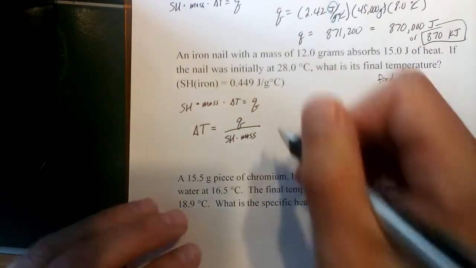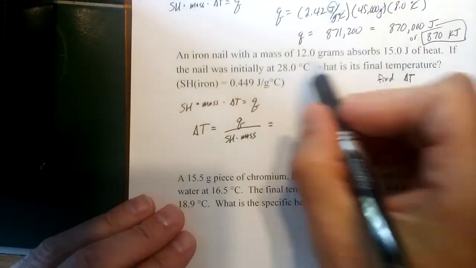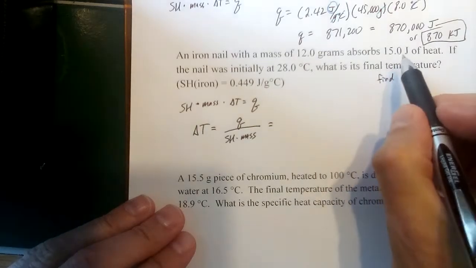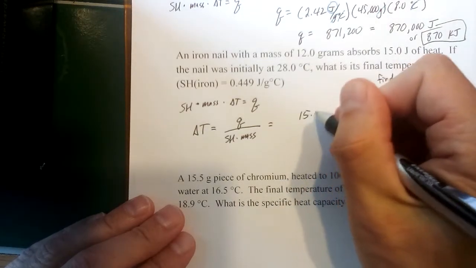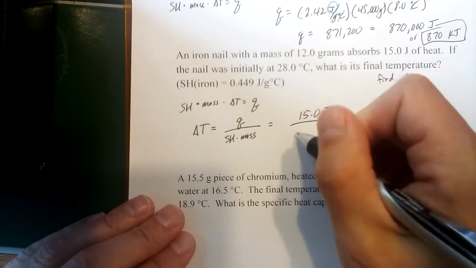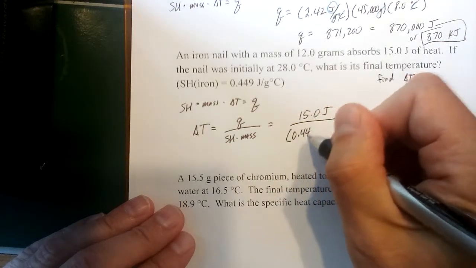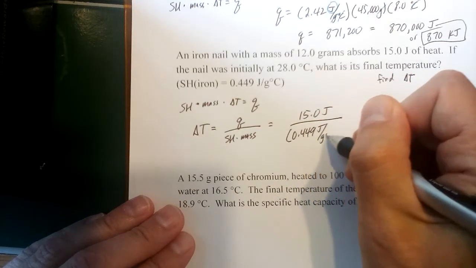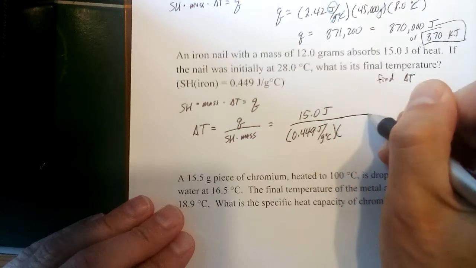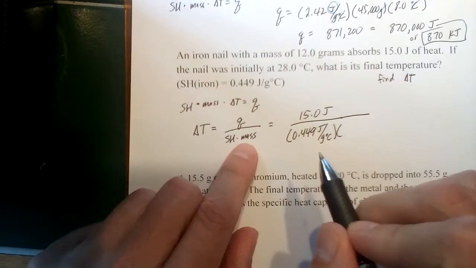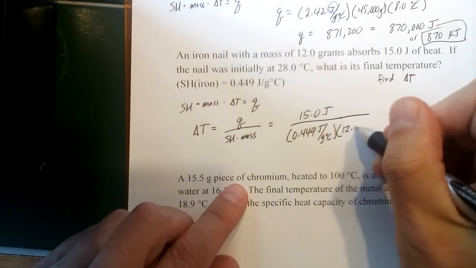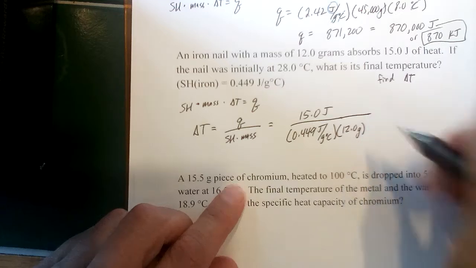Okay. Now if I plug those in here, because they're all in the right units already, 15 joules would go on top. The 0.449 joules per gram degree C would go on the bottom, right? And then importantly, the mass also goes on the bottom of the fraction.